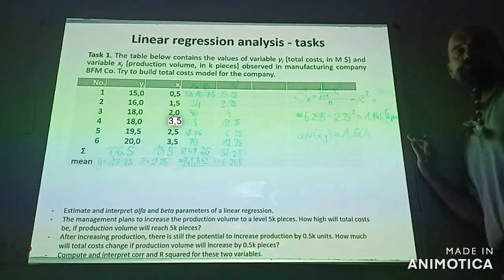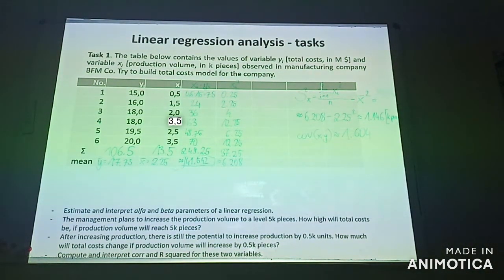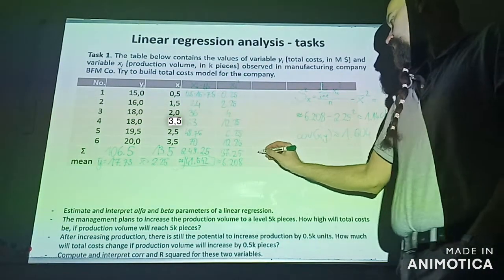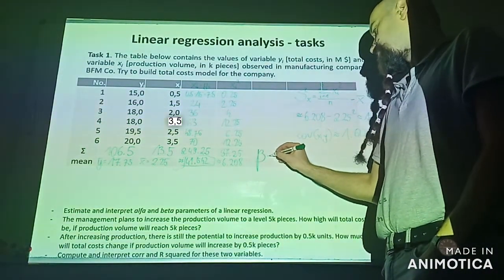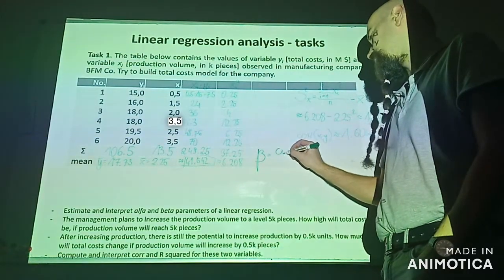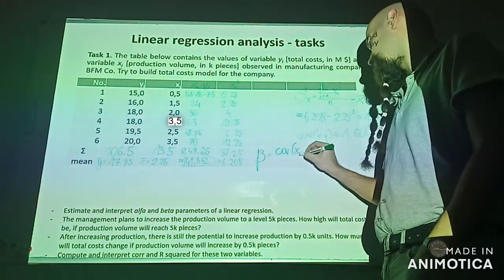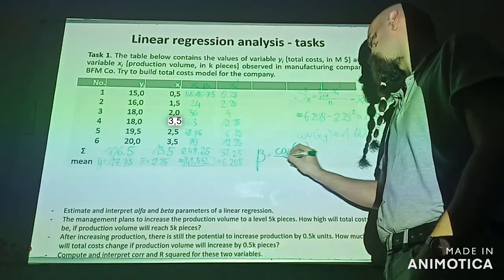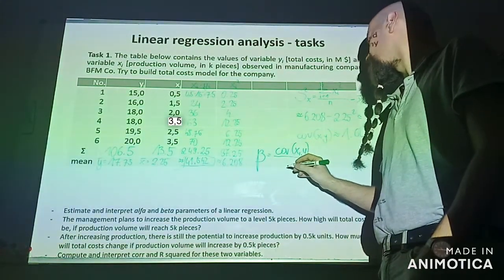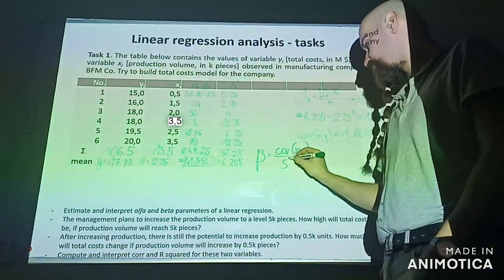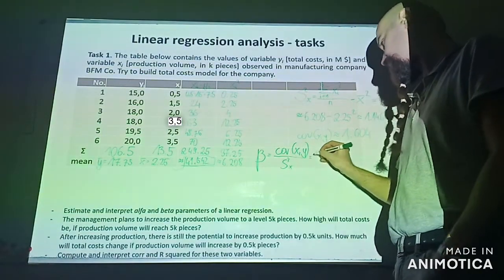Alright, let's move on to beta parameter estimation. Beta parameter is a ratio between covariance between x and y values and variance of x.